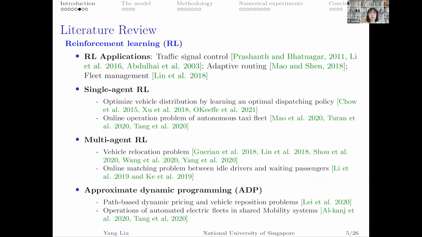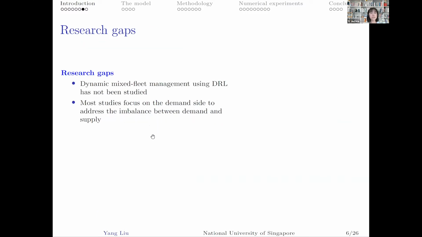So each driver will try to optimize their own decision according to their compensation and the cost. So in this study, we actually use multi-agent reinforcement learning to consider the decision of both the operator and the drivers. So this is the research gap we have found from the literature review.